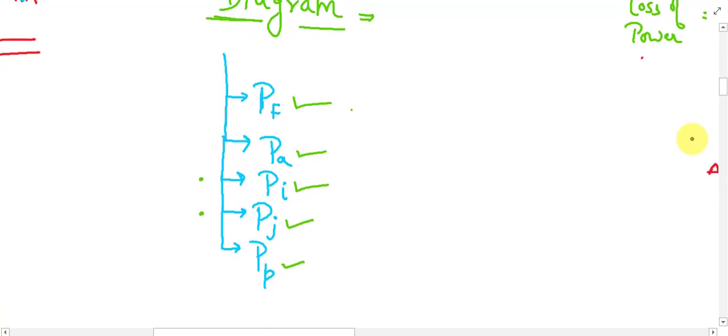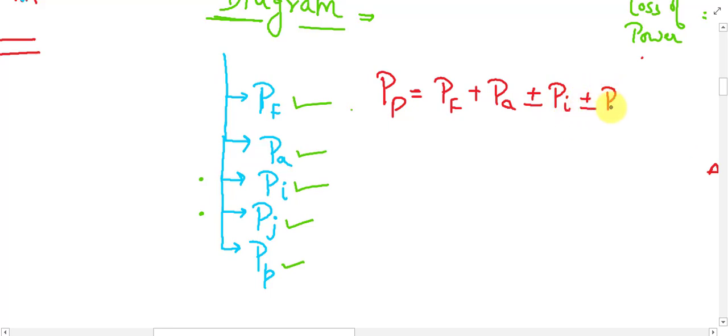Now we are going to define our P. This is capital P, the power generated by the vehicle. That is the maximum power generated by the vehicle, which is equal to the summation of all resistances: rolling resistance, air resistance, plus or minus gradient resistance, plus or minus inertia due to acceleration and deceleration, and plus transmission losses.